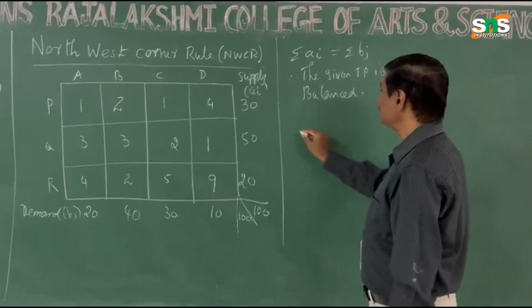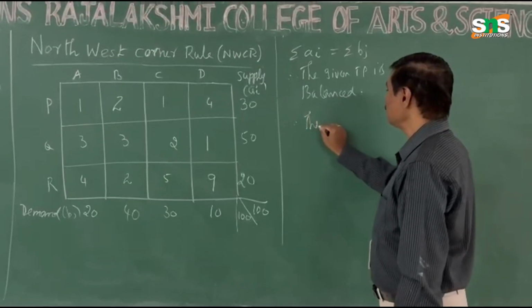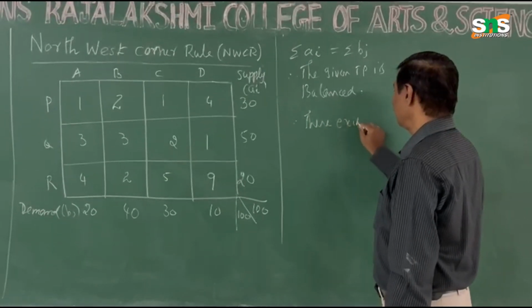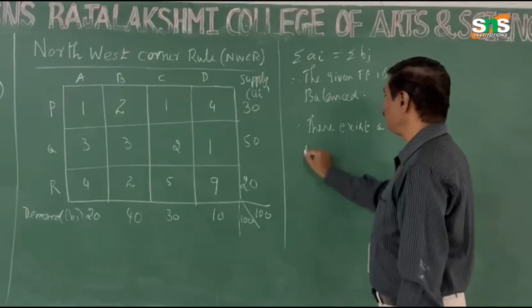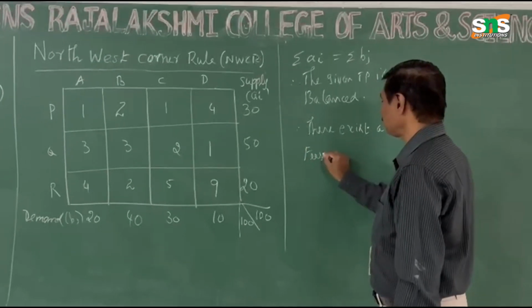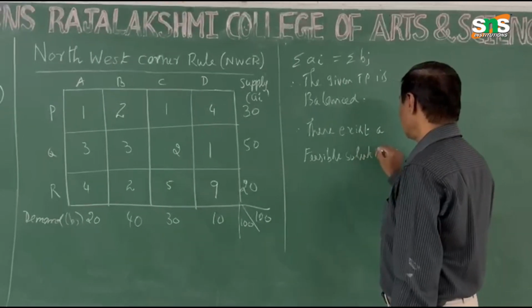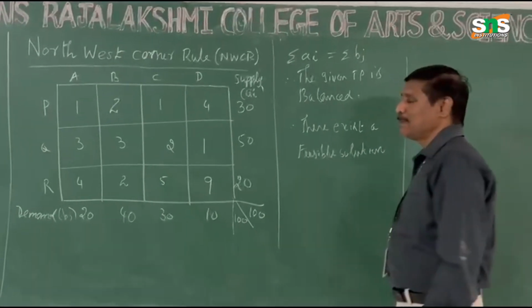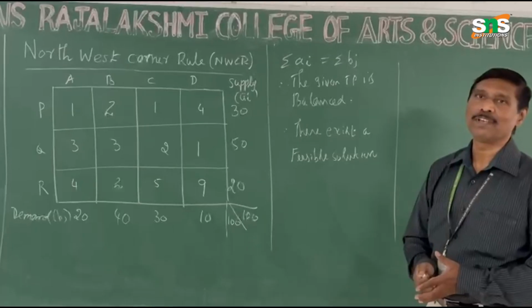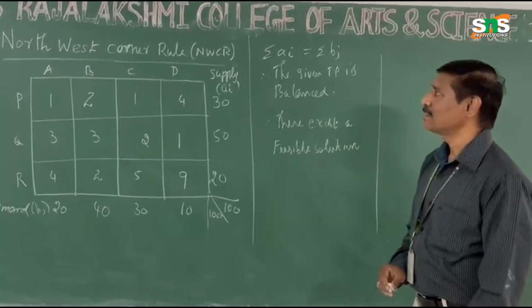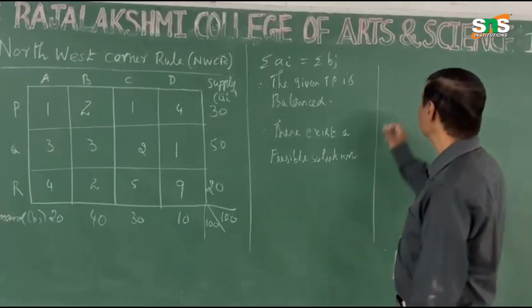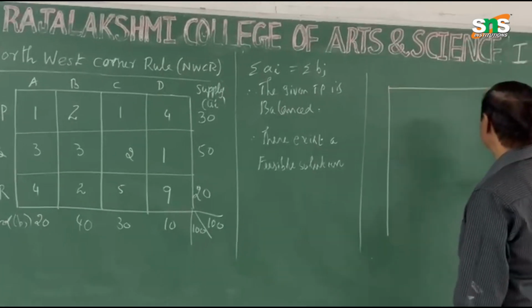So if it is balanced, therefore there exists a feasible solution. If it is a feasible solution, then we find the initial basic feasible solution using the method called the northwest corner rule. So first we fix a figure.